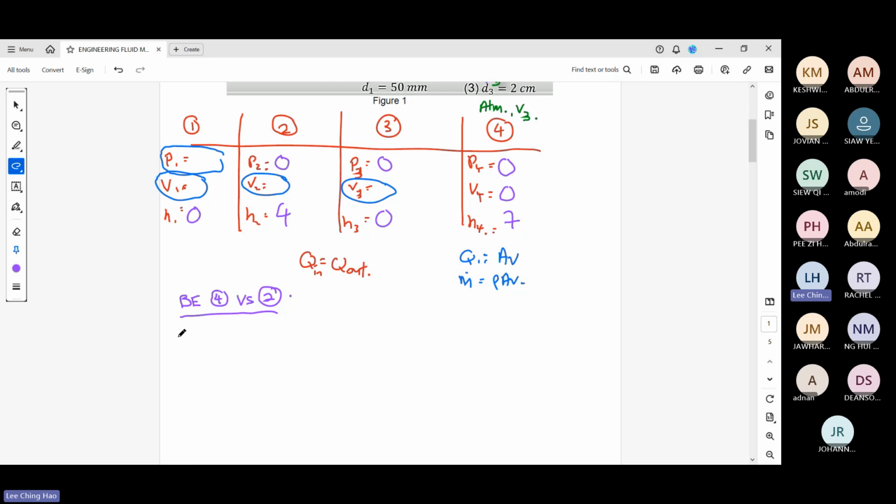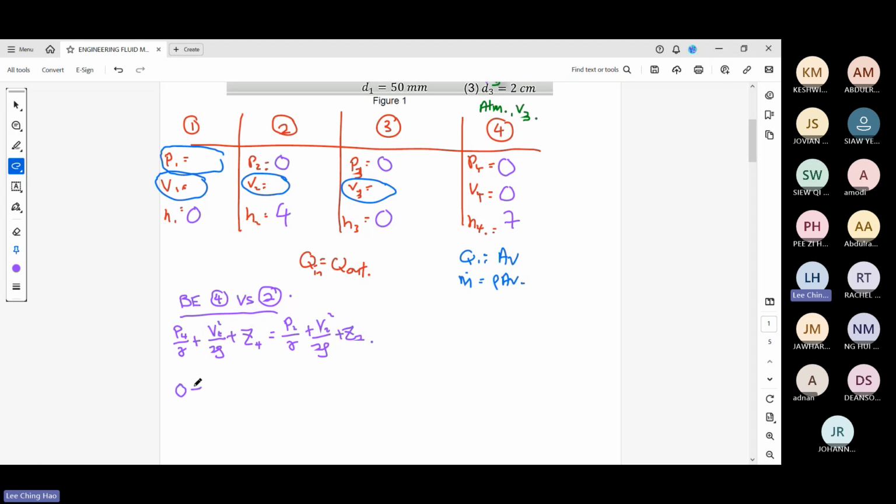First of all, again, you write down the formula. P4 over gamma, no need gamma 4, gamma only, same liquid, plus V4 squared over 2g plus the z, the height z4, equals P2 over gamma plus V2 squared over 2g plus height z2. Then you just fill in the values.